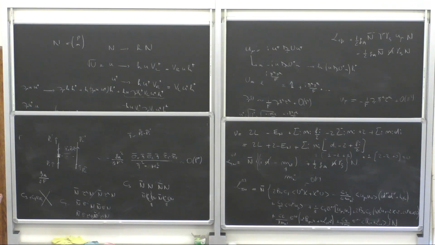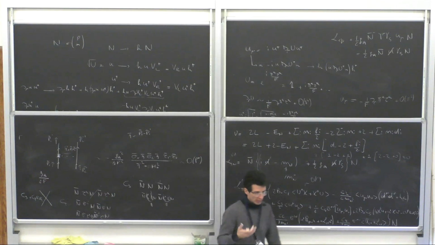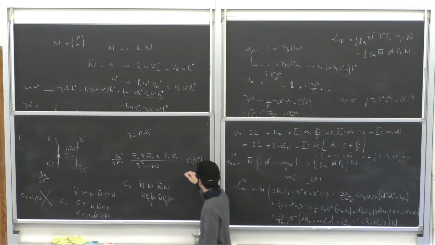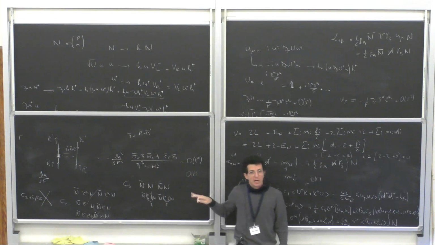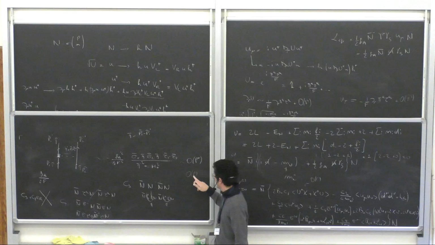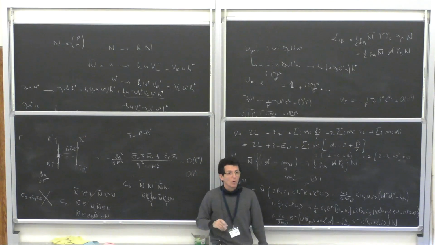In coordinate space, it will give a delta function interaction, a short range interaction, with two nucleons participating at the same point. It should be regularized and the like. But there is no contribution at next to leading order, I mean at order P suppressed relative to this. This is 0. The next contribution comes from order P squared.